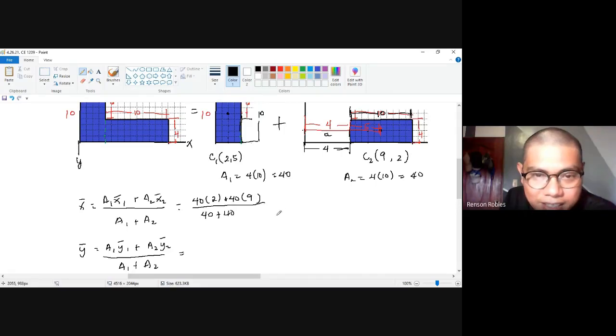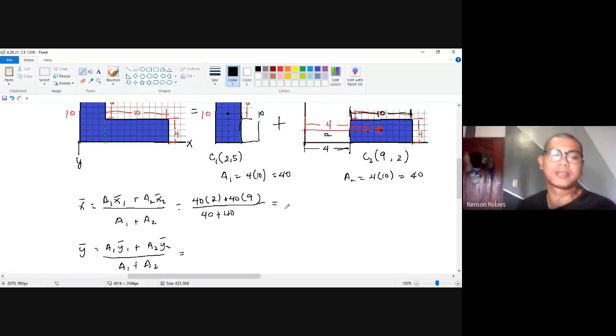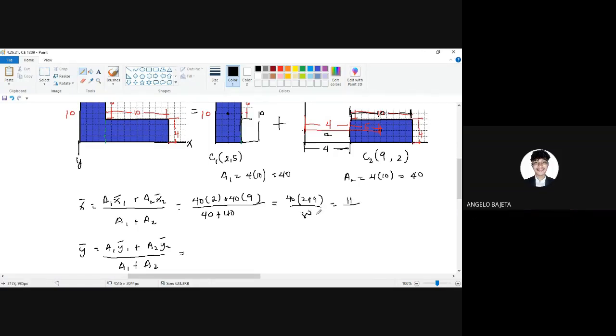Am I right? Yes po. Okay, then what is the bar X? Can I hear someone? You can use your calculator. This is 40 plus 2 plus 9. That's 11 all over 80. So this is 11 over 2 po.